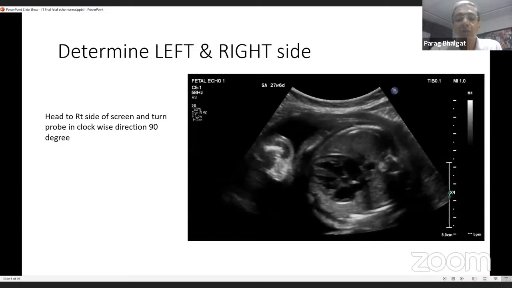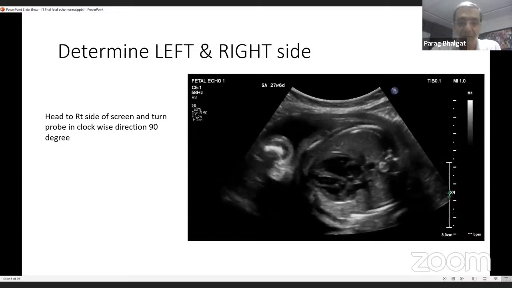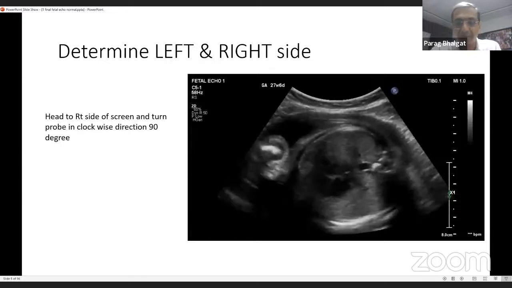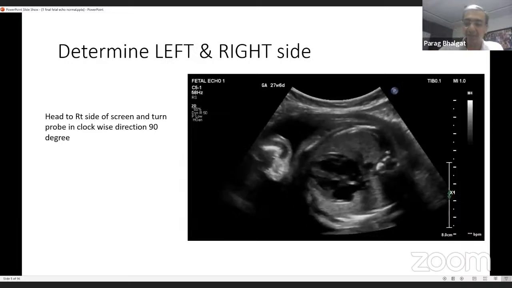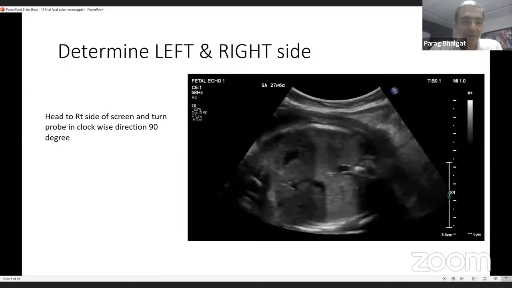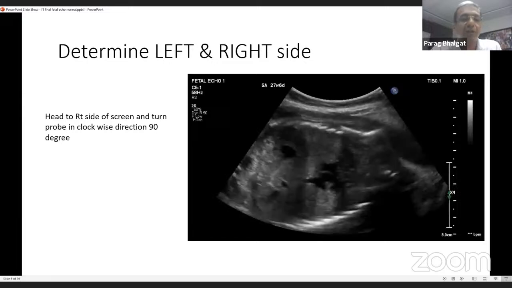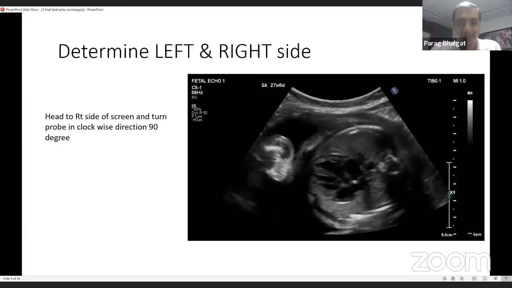Coming to the first step of deciding left side and right side, I generally keep the baby's head on the right side of the image and turn the transducer by 90 degrees. So we come to know about four possible arrangements. It is like a clock, and we have to understand which is the left side and right side.